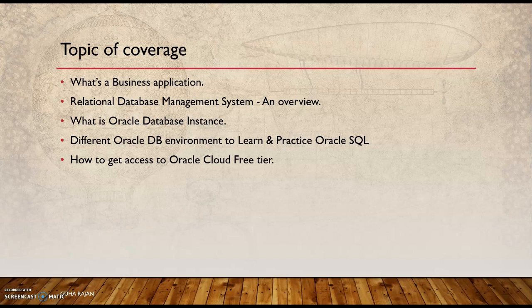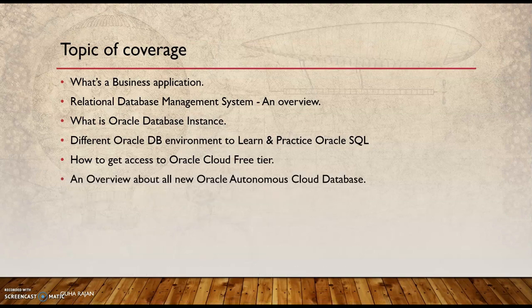If you're learning, or developing a proof of concept, you can use the virtual machines. So 2 virtual machines and 2 autonomous databases are provided by Oracle Cloud Infrastructure as a free tier, which means they are not chargeable. You can keep using it. So I'll be discussing how to get access to the Oracle Cloud Infrastructure free tier.